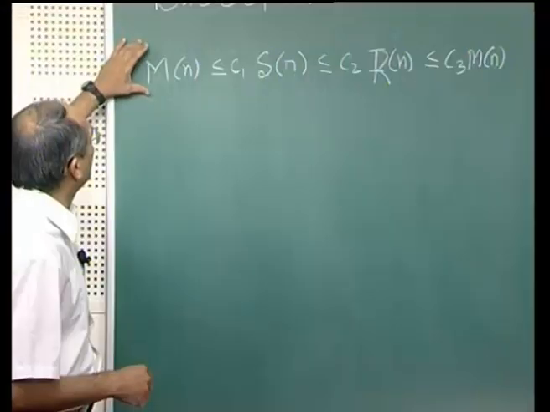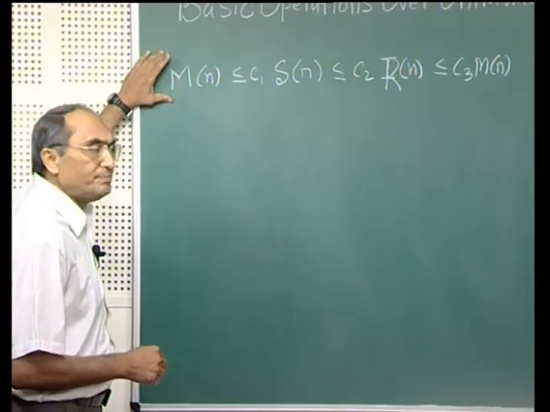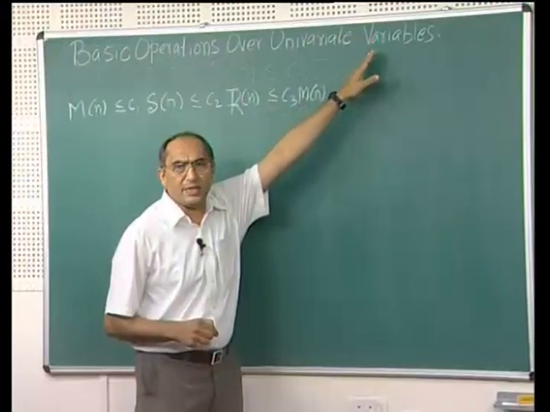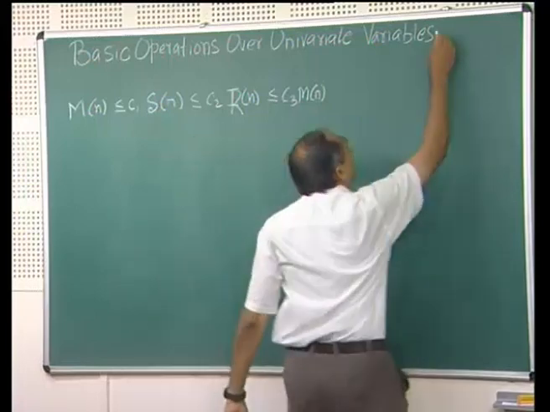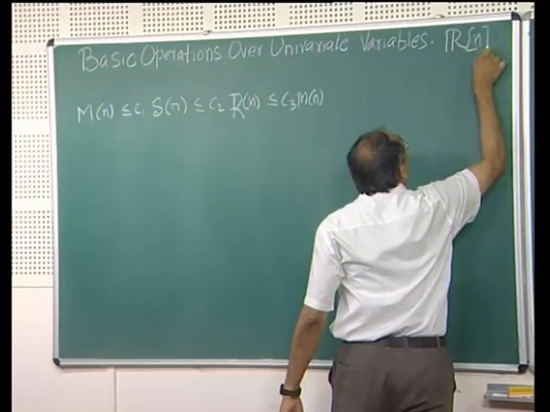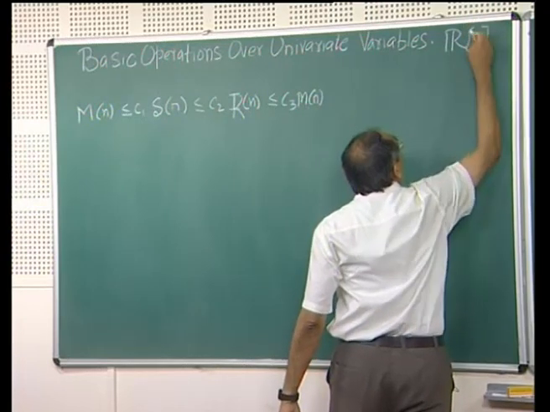Now we would like to prove the same claim for polynomials over one variable. So that is the ring R[x].